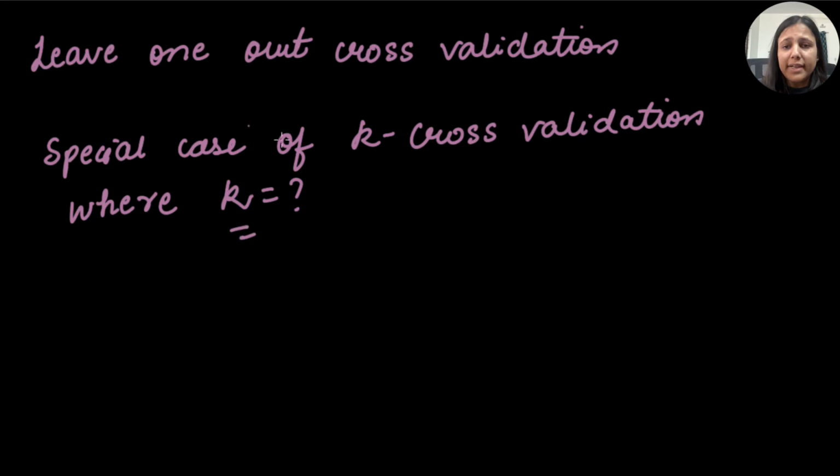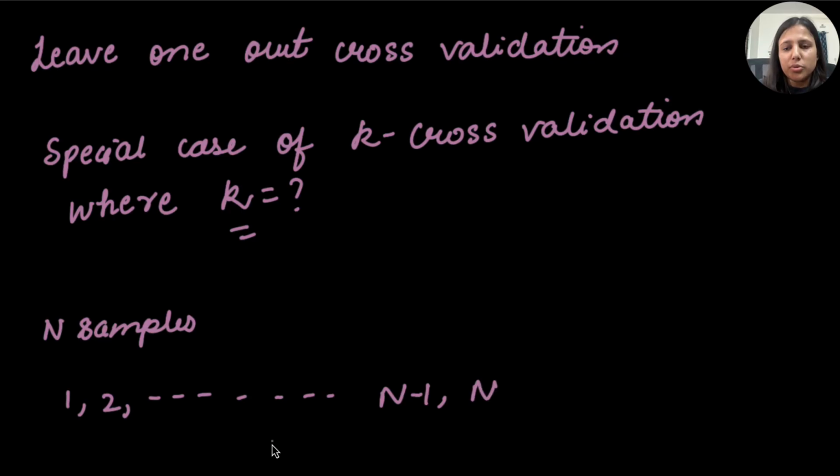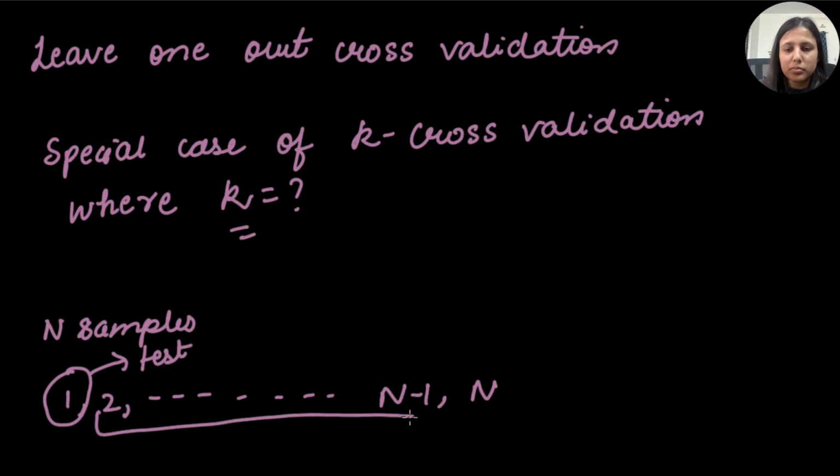So in leave one out cross validation, suppose you have n samples, 1, 2, 3, dot dot dot, n minus 1, n. You just take one sample out. You will test on this one and train on the rest. So this is model 1.